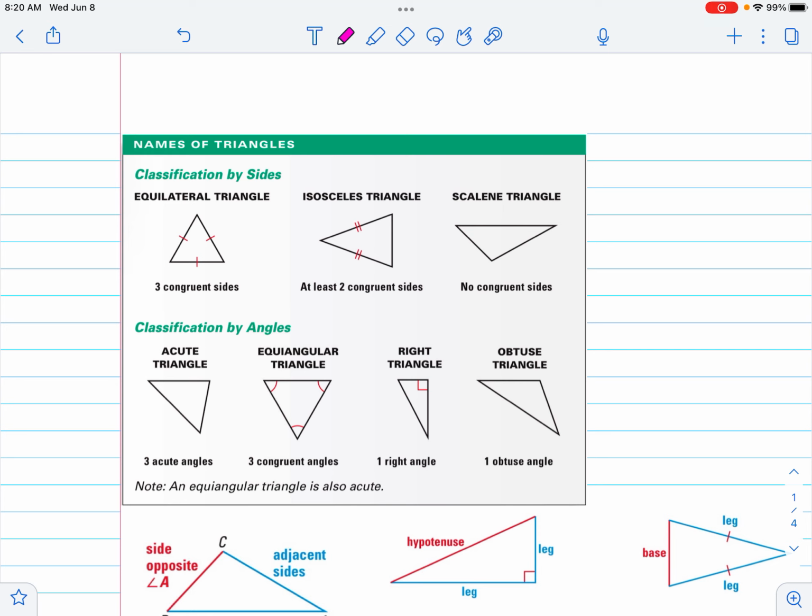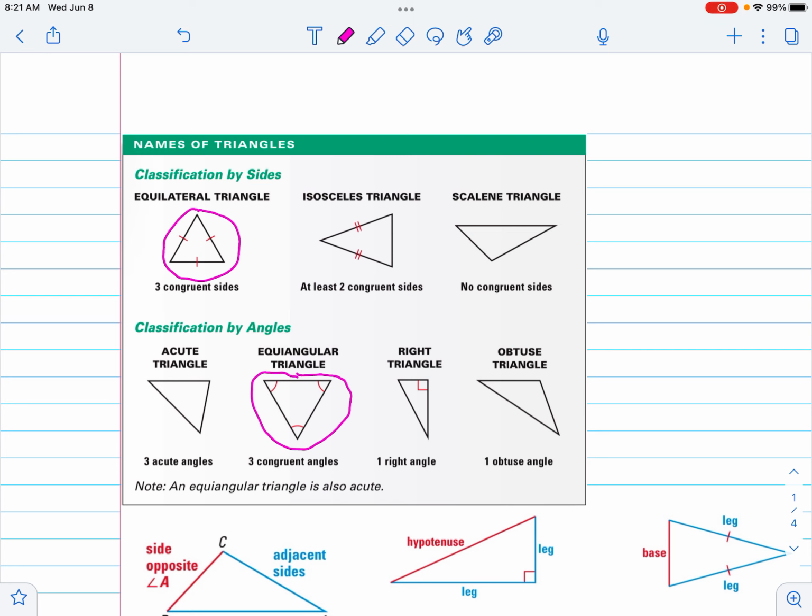Now, if all three angles are equal, we call that an equiangular. So all three sides equal is equilateral, and all three angles equal is equiangular.